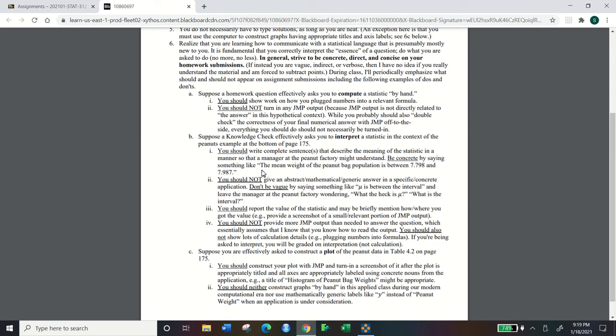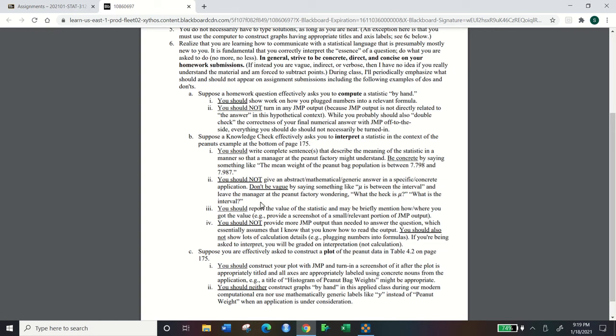It should not be something like, mu is between the interval written above. That does not tell me anything. What interval? The interval directly above or the one two above? What's mu? If you're writing something like that, you may know what you're talking about, but I don't know what you're talking about. So don't be lazy, be specific.